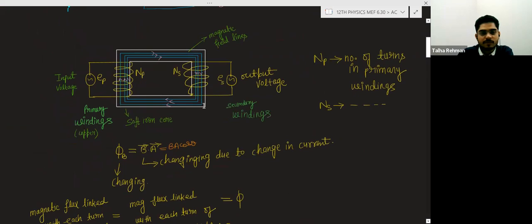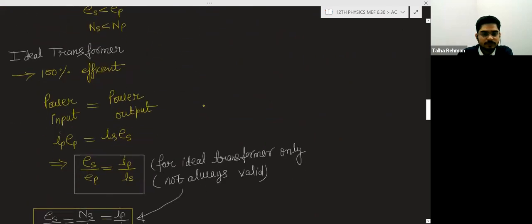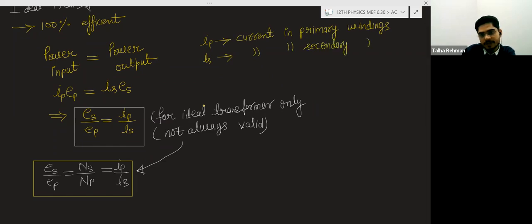I think I should write it here. IP is the current in the primary windings, and IS is the current in the secondary windings. Now, a very simple question based on this. This is the question we have.